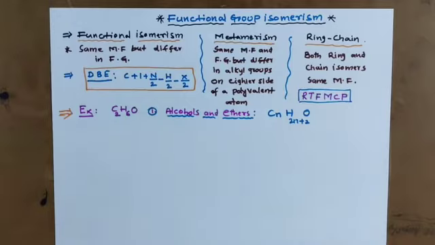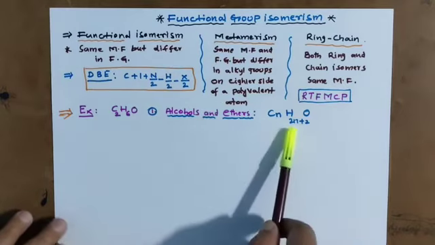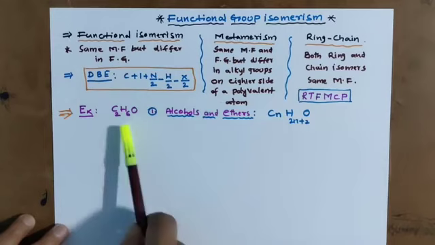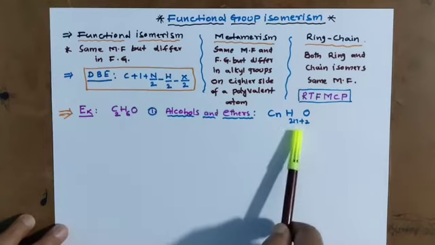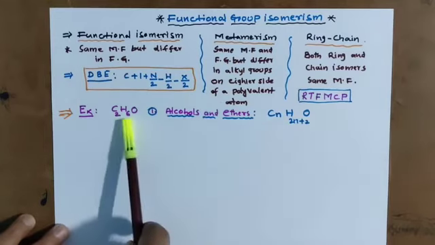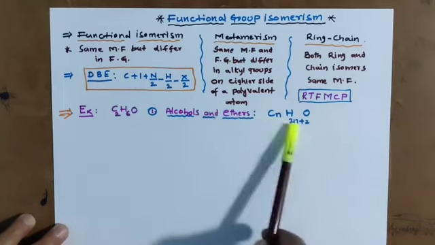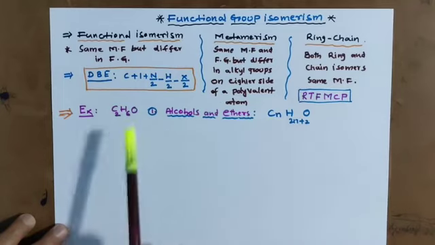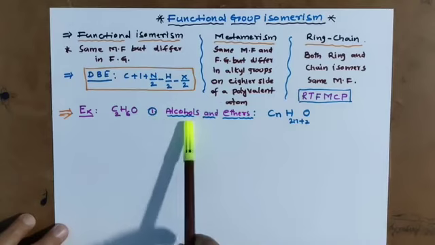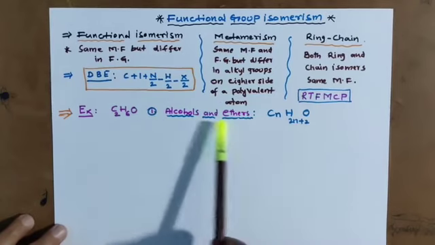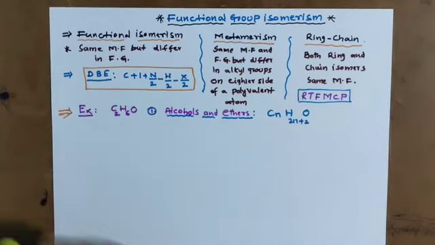That's why alcohols and ethers. Clear? So for a given compound we have to check whether it has such a general formula or not. C2H6O is there, it is similar to this. Now this compound can exhibit alcohols and ethers, and has functional group isomerism.